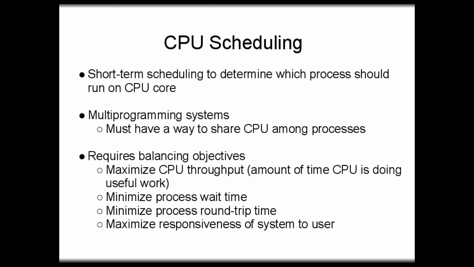Furthermore, we would like to minimize the total round-trip time from the moment a process is started to the instant it completes. Finally, with user-facing systems, we want to maintain system responsiveness. If a system seems unresponsive to a user, the user might reset the system, potentially resulting in data loss.